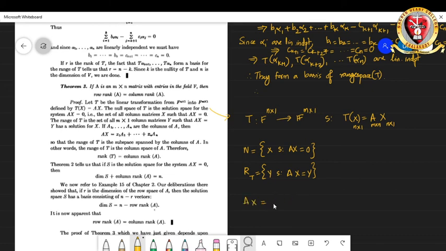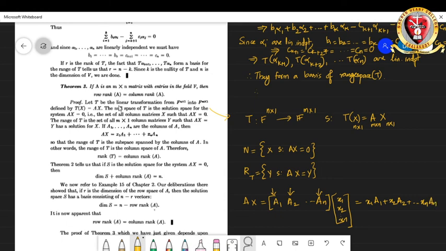Say I am writing Ax. So we are saying that A is the columns a1, a2, etc. This is the first column, this is the second column, etc. an, the nth column. Into here we have x1, x2, etc. xn. So if it happens to be like this, you can say that it is nothing but x1 into a1 plus x2 into a2 plus etc. plus xn into an, right?